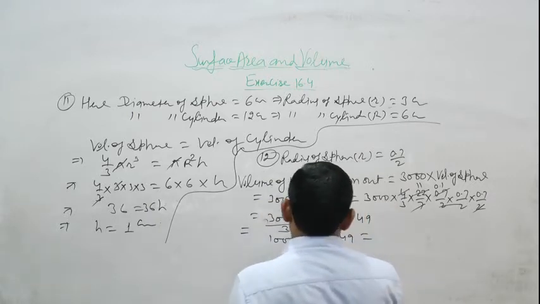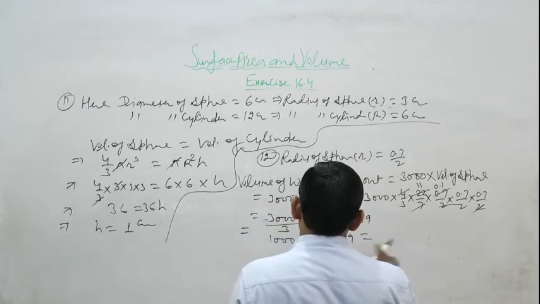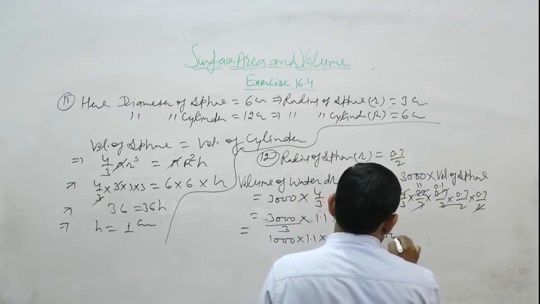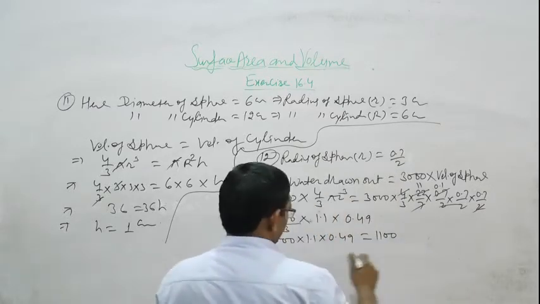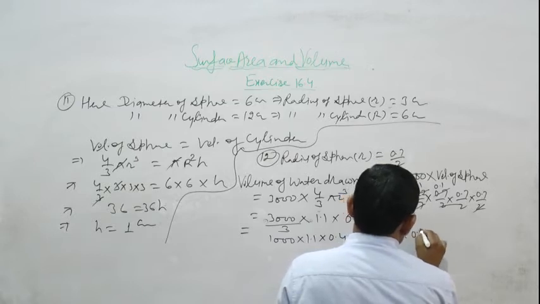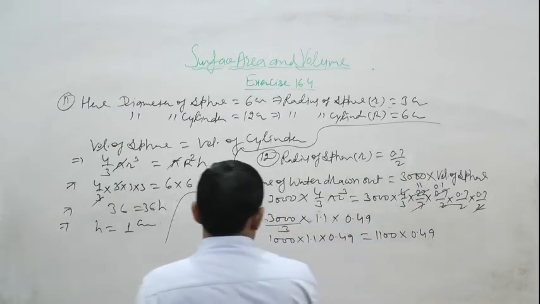Then 1000 multiplied by 1.1 is 1100. 1100 multiplied by 0.49.